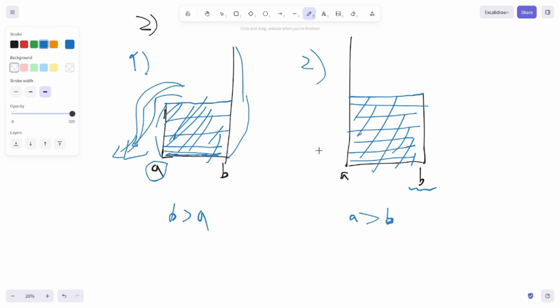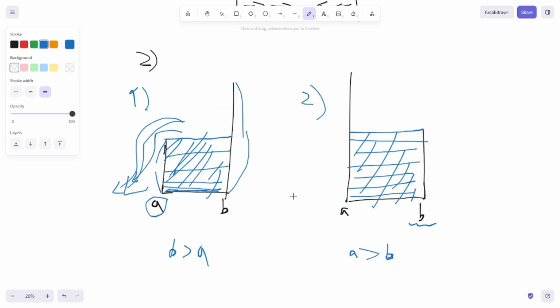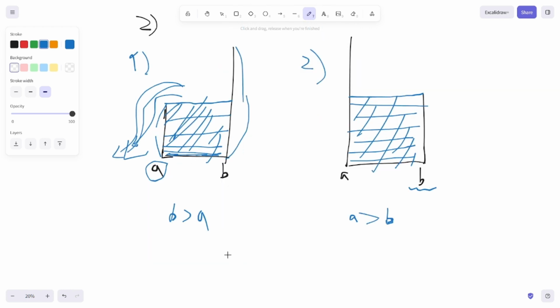The total width is always going to be B minus A, right? But what's the height? What is going to be the height? The height depends not on the longer length, but on the smaller length, right? The smaller length is always going to be our maximum height. So in this case, it's going to be this part.